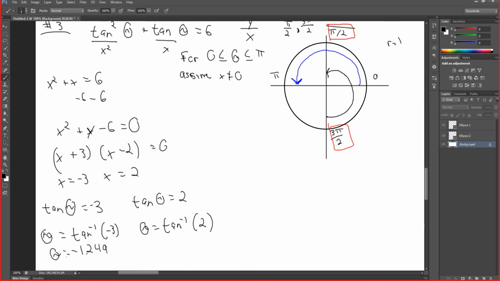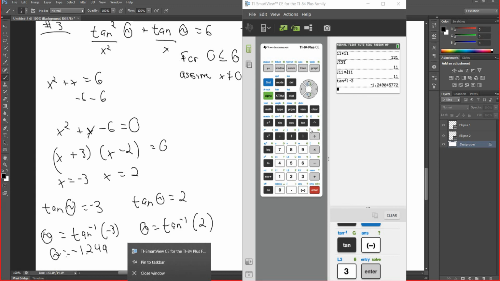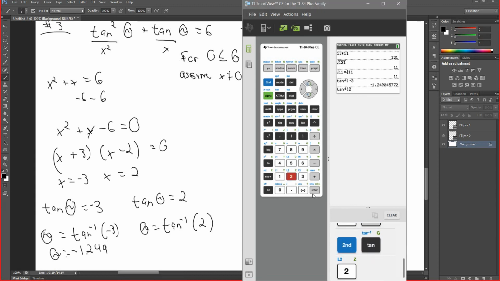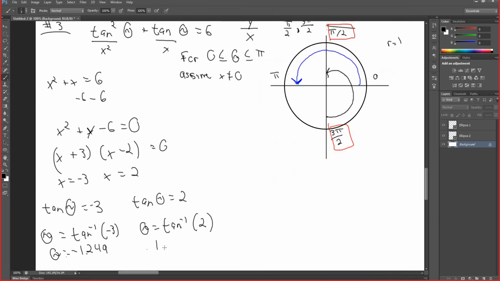And tan inverse of 2 is going to give me 1.107. So I went through and I used my calculator just to get the two values.